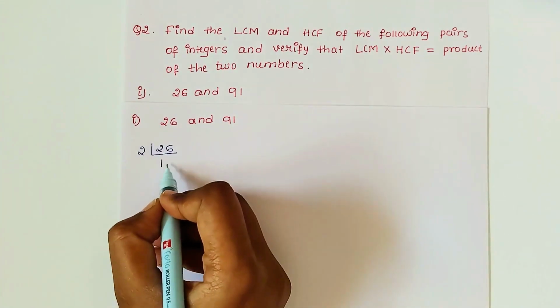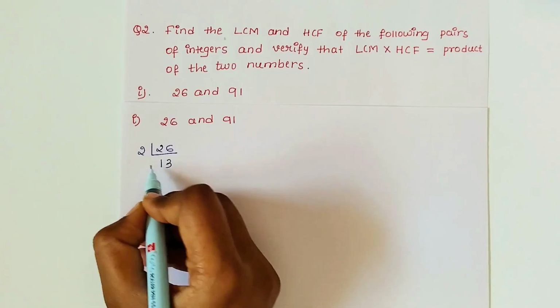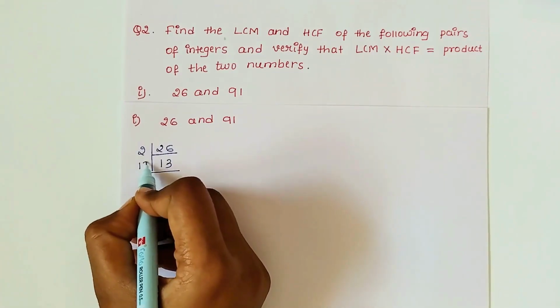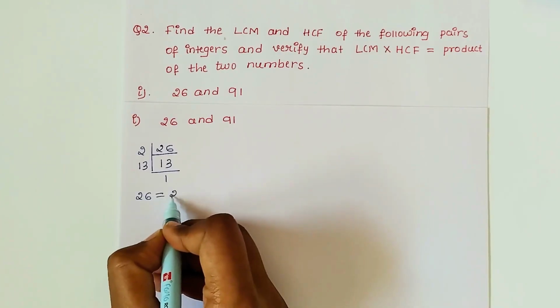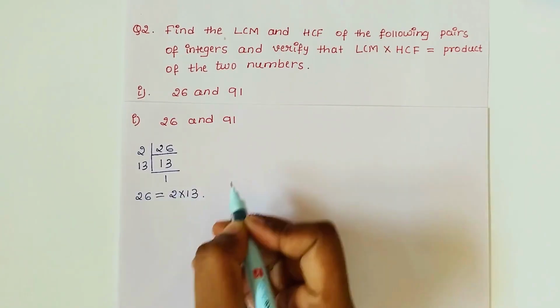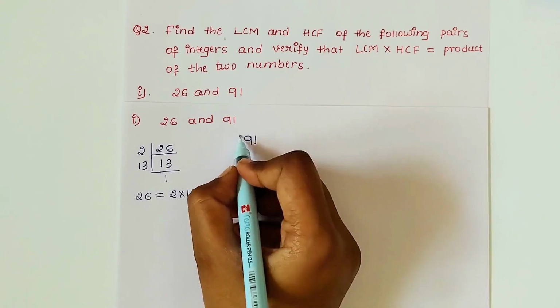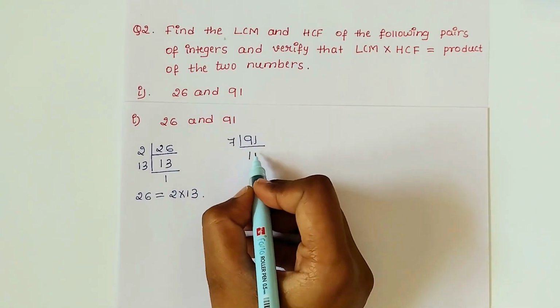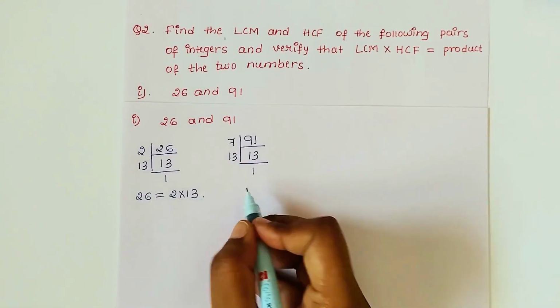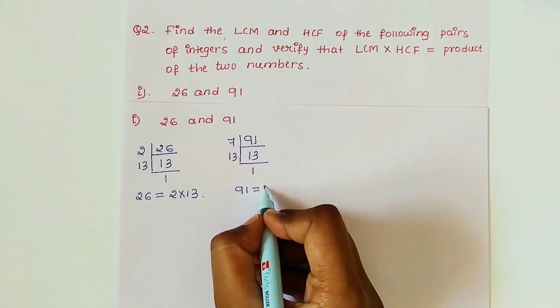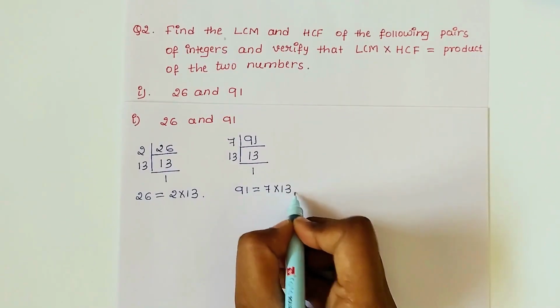Start with 2. 2 ones are 2, 2 threes are 6. 13 is a prime number, 13 ones. Here I am writing 26 as a product of its primes. Again, take down 91. 7 ones are 7, 7 threes are 21, 13 ones. Again, I am writing this 91 as 7 into 13.